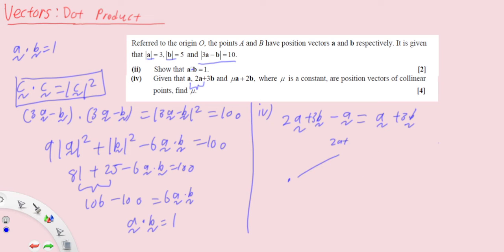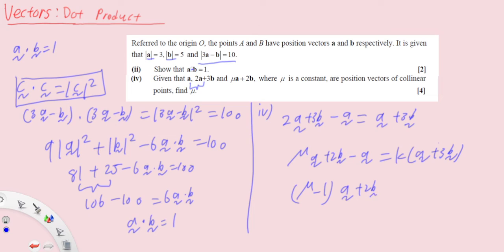Mu a plus 2b minus a must be parallel to a plus 3b, and hence a scalar multiple of a plus 3b, because they must go in the same direction, just with different lengths. So we have mu minus 1 a plus 2b equals ka plus 3kb.